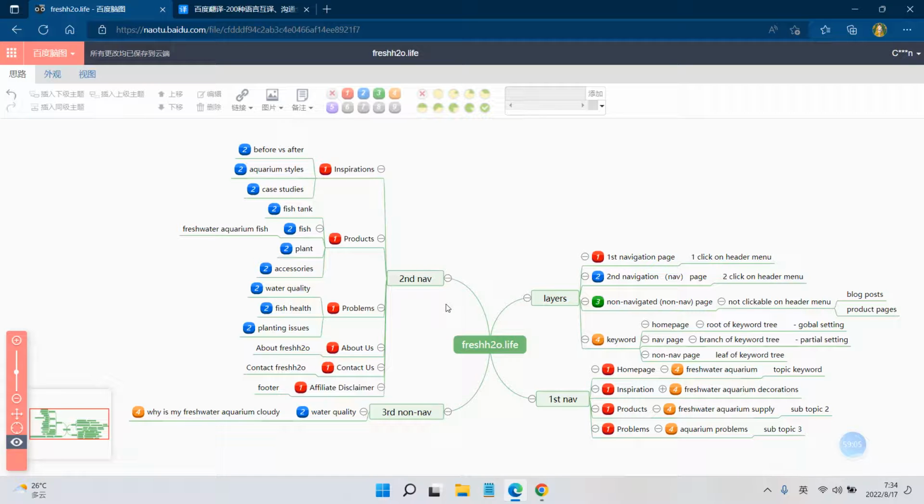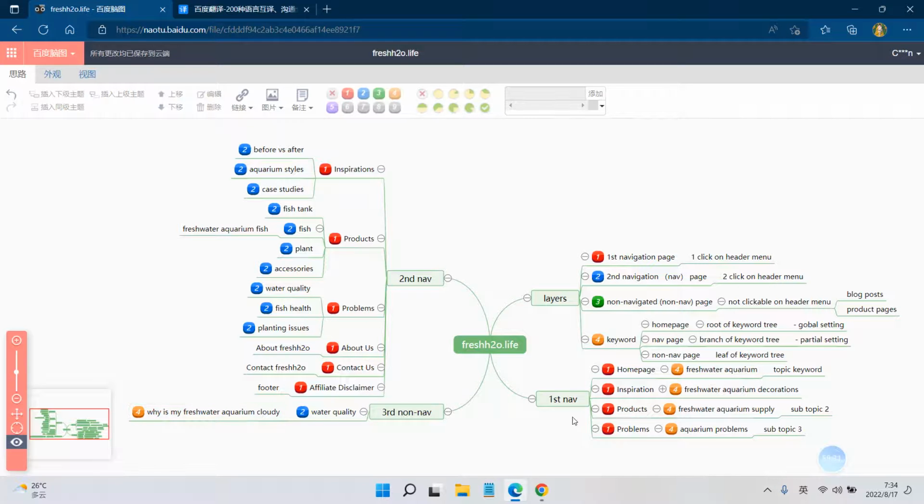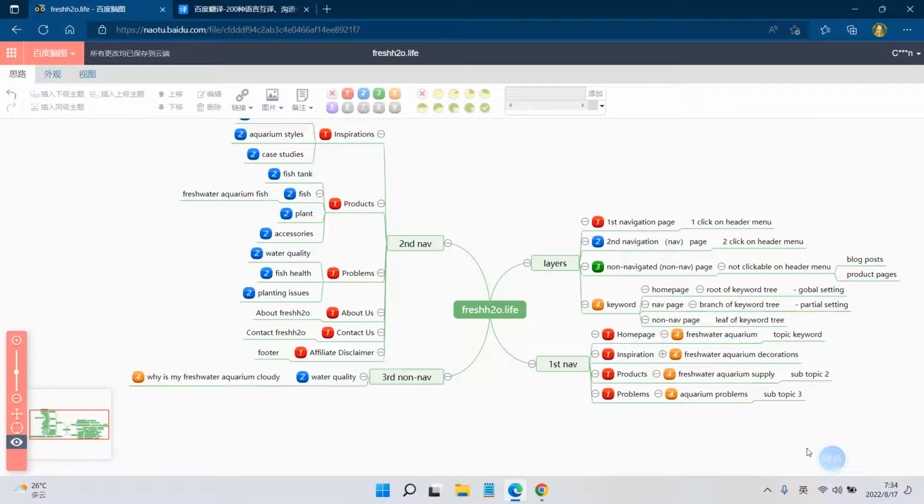Let's say next time we will talk about this kind of keyword choosing, maybe using other people's theories like KGR and KEI, something like that, to decide whether this keyword is our best pick, or maybe another keyword, something like that.